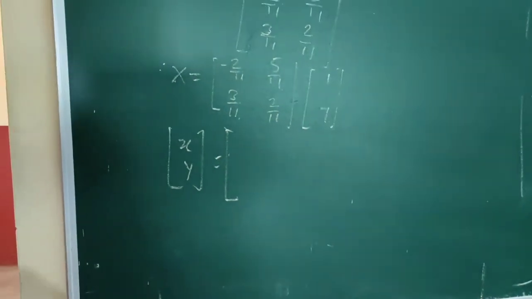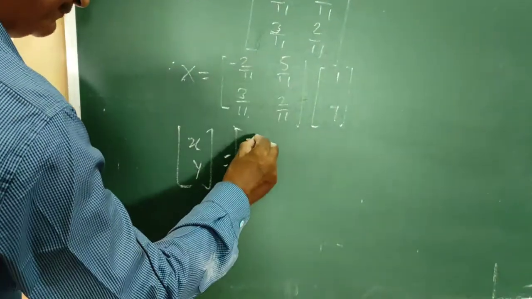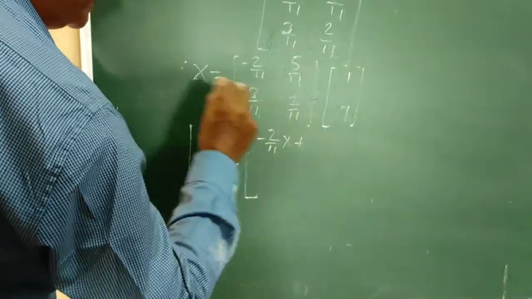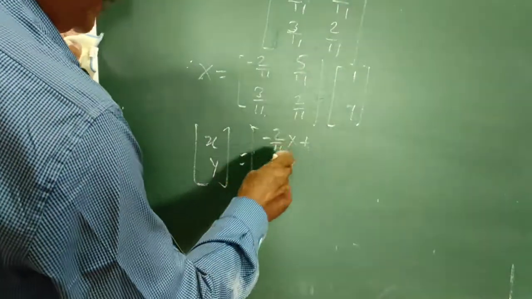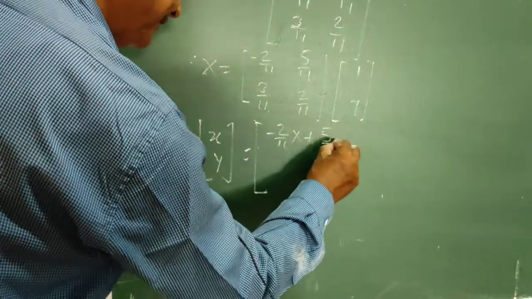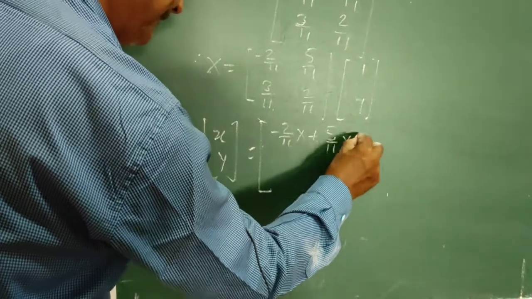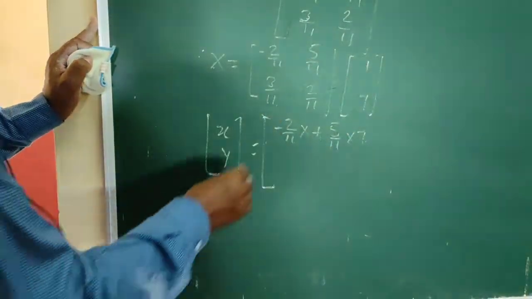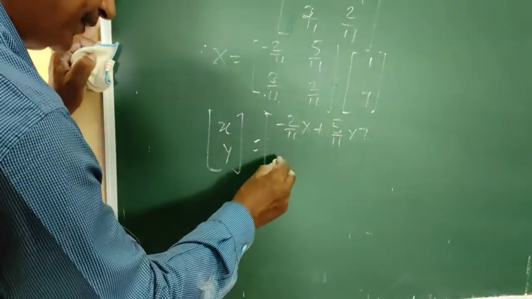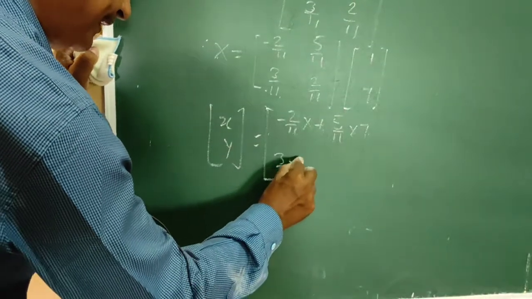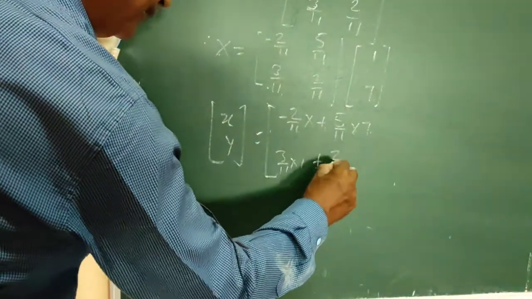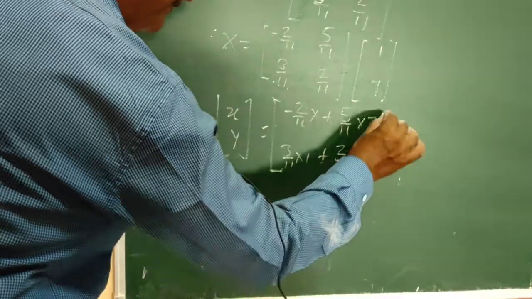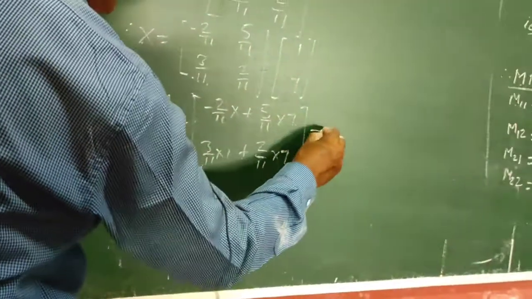So this is first row, first column: minus 2 by 11 into 1 plus 5 by 11 into 7. Then the first row is completed. Second row, first column: 3 by 11 into 1 plus 2 by 11 into 7. So this is to be simplified here.